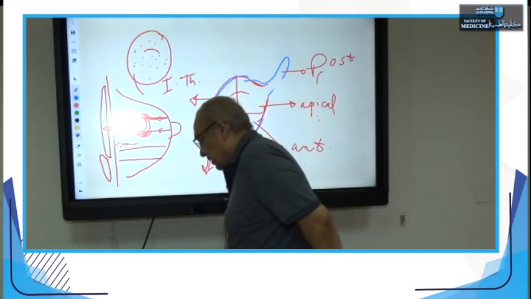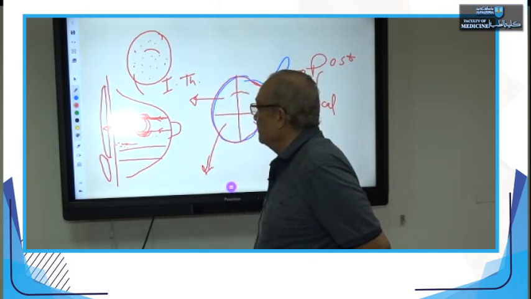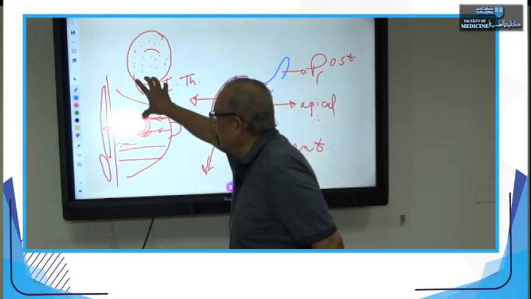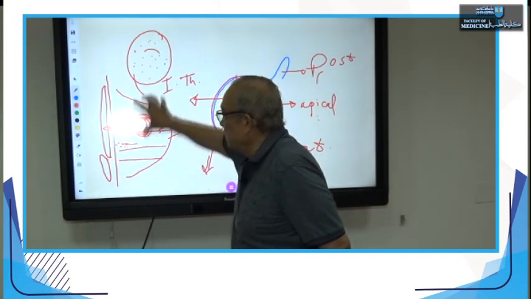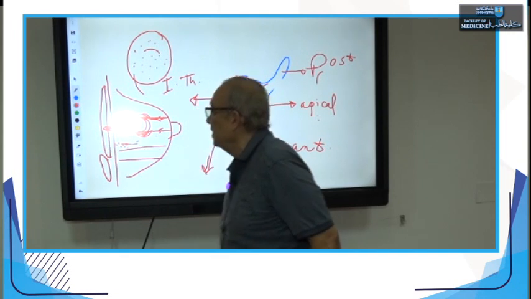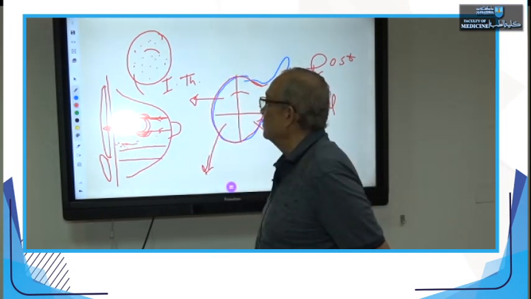So if we have a female and we suspect that there is a mass and this mass is malignant inside the breast, first we'll test the movement of the breast. If it is not easily mobile, this means that the mass has invaded locally the pectoralis major.